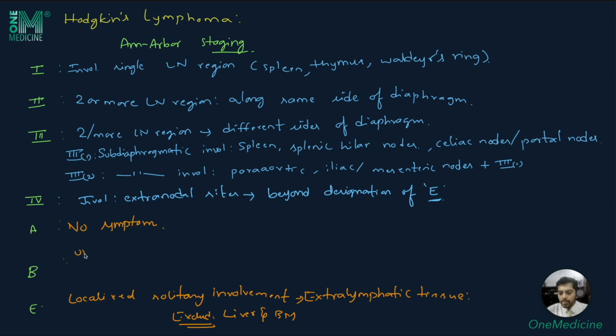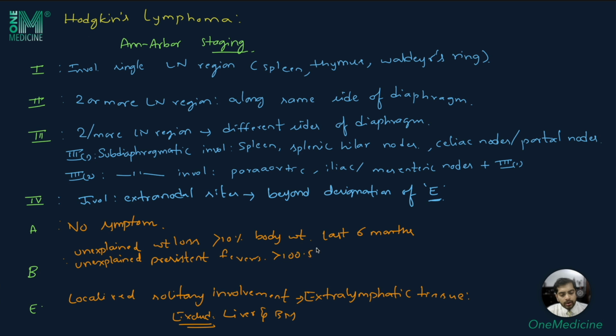Stage B is unexplained weight loss of more than 10% of the body weight in the last 6 months before the investigation, or unexplained persistent fevers that measure more than 100.5 degree Fahrenheit in the previous month.